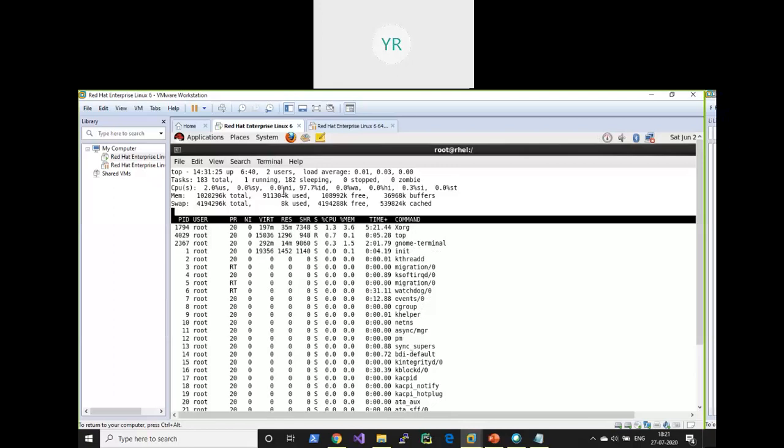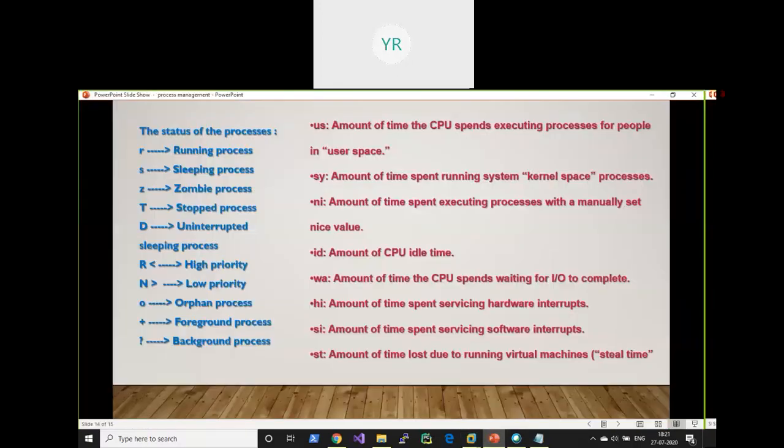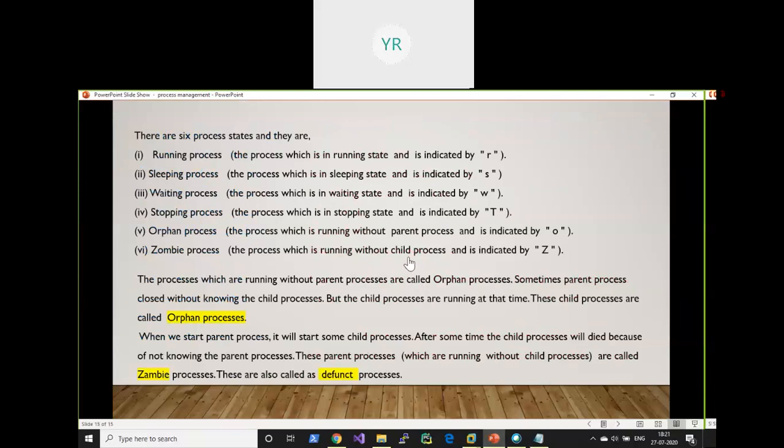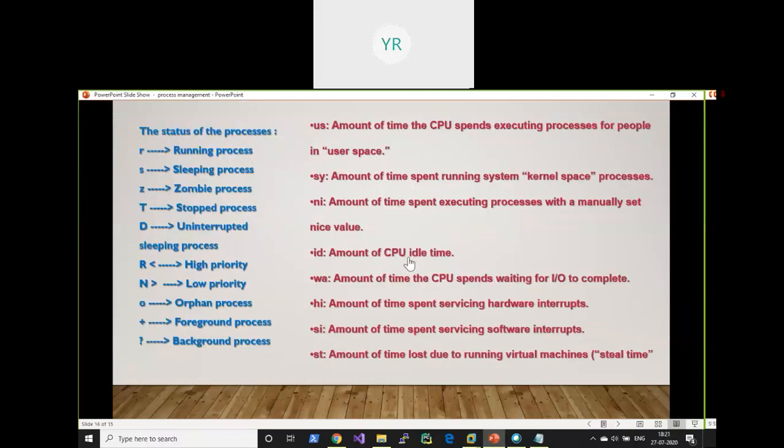Next, coming to the fourth parameter, it is id. If you look here, the fourth parameter is id. So what is that id? Id means idle time, the amount of time the cpu spends idle. How much time the cpu is in idle state.